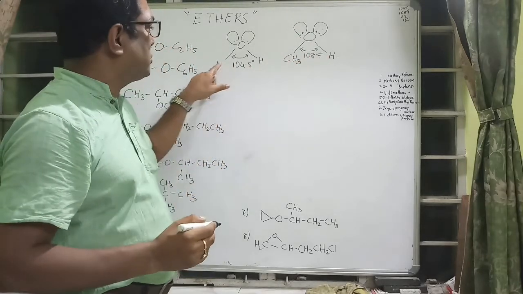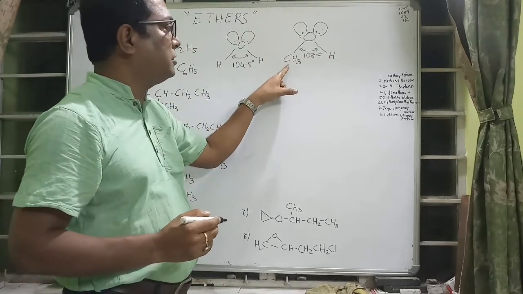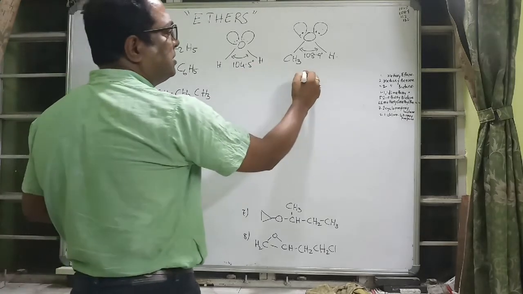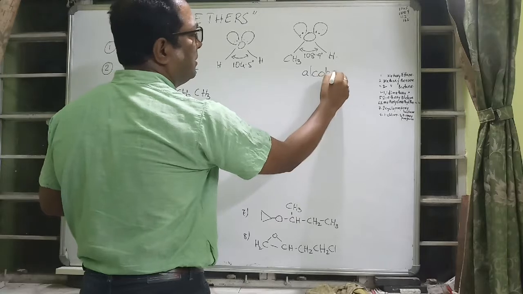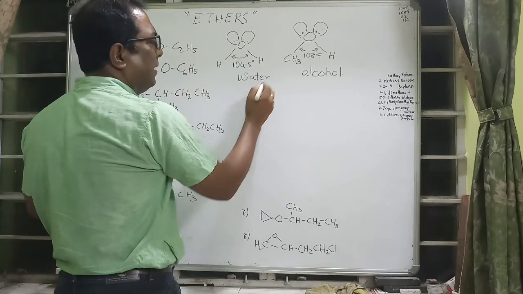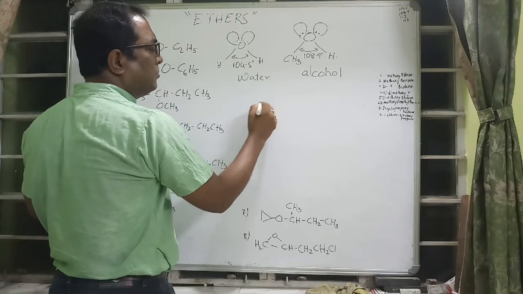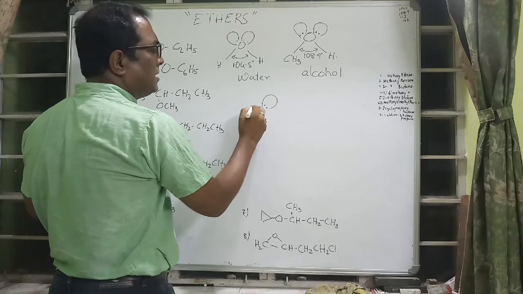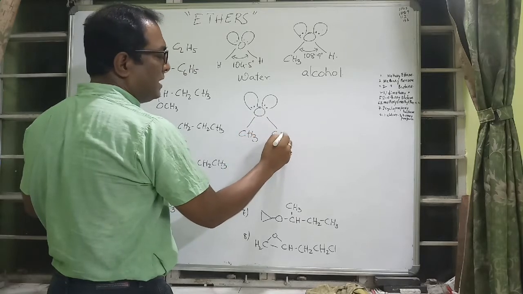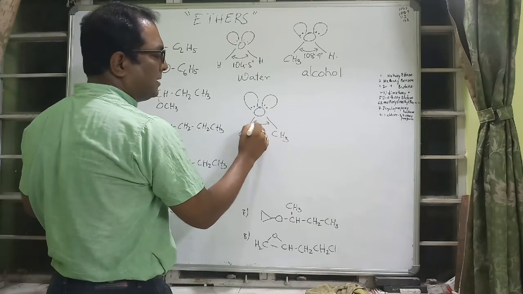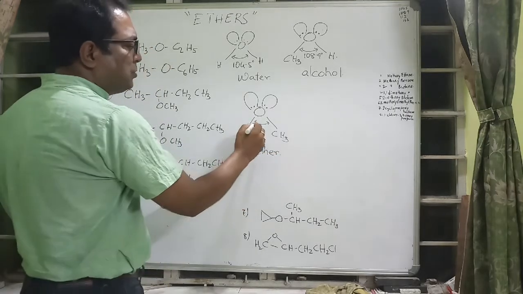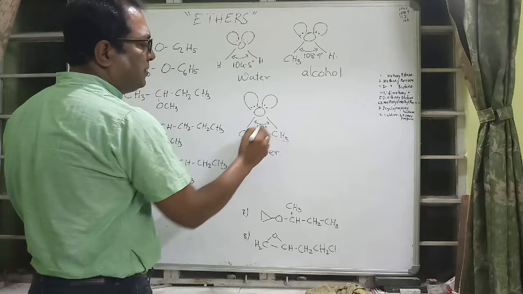Now this hydrogen has been substituted with an alkyl group. If I substitute this very hydrogen with one more alkyl group, this is alcohol, this is water, and if I draw one more structure, this is the ether. If I draw CH3 here, it becomes ether, and as I have told you before, the angle becomes 112 degree.